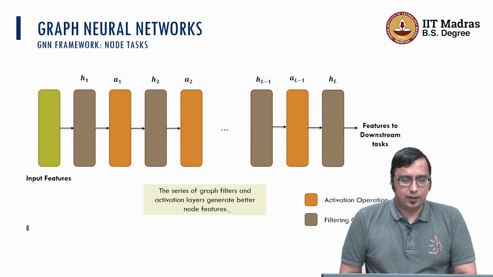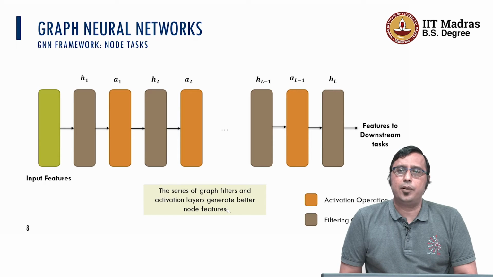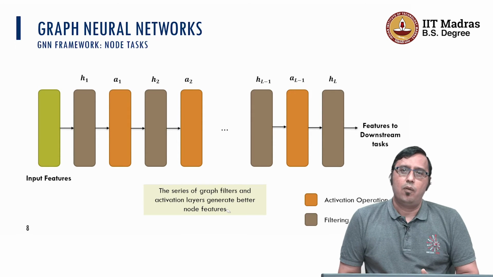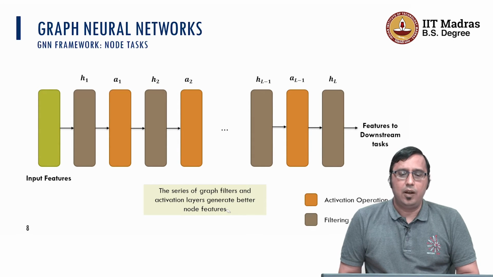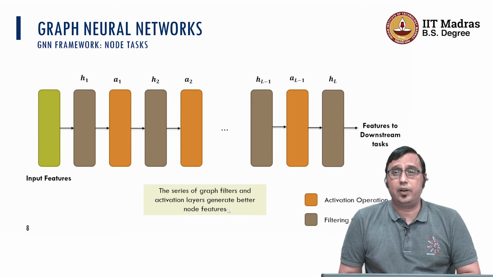Now with this, let's look at the node tasks. Typically, we will not use one filter and one pooling operation. What we'll do is use a series of graph filters, and along with that, because we are going to use a series of graph filters, we are also going to use activation layers to generate features for a particular node. The whole objective here is again the same: to learn better features for each node.